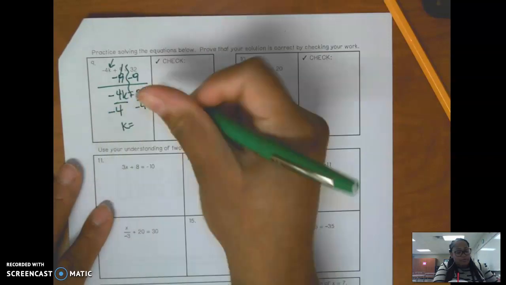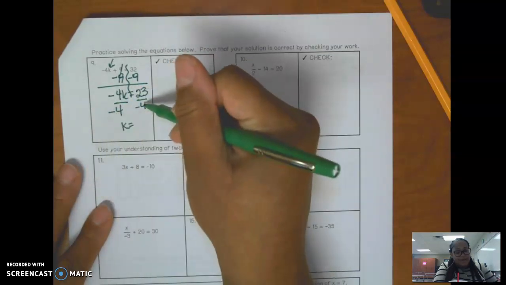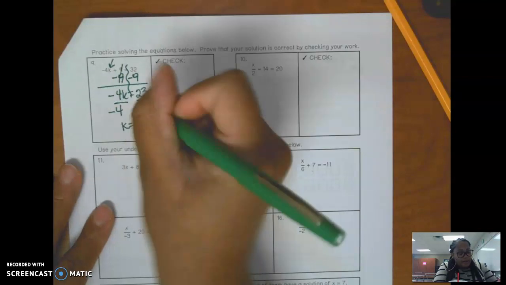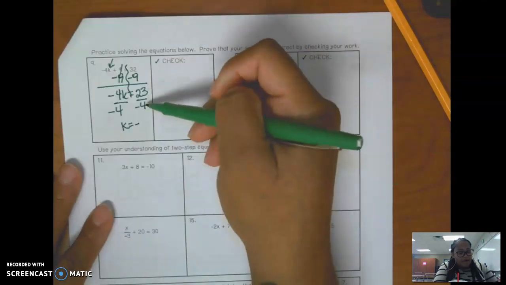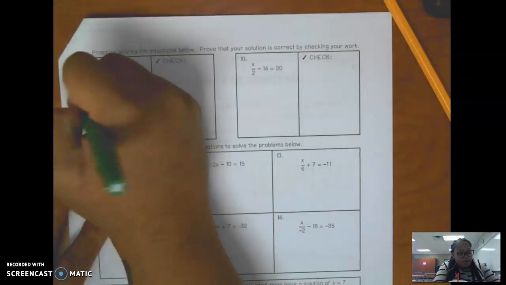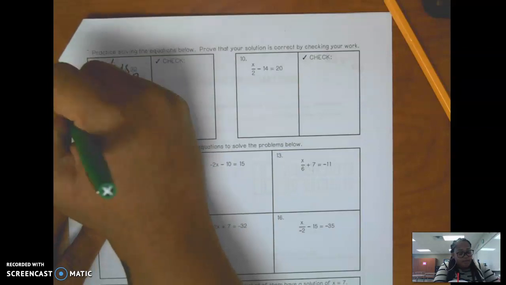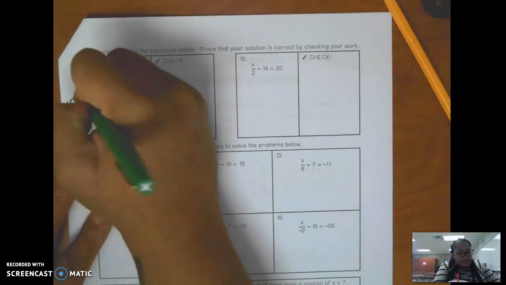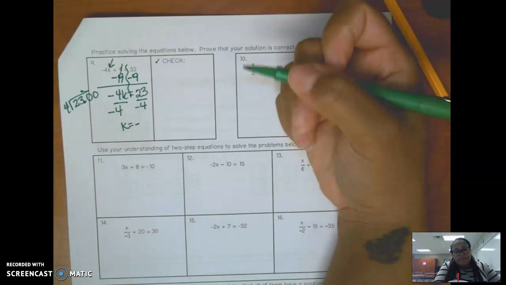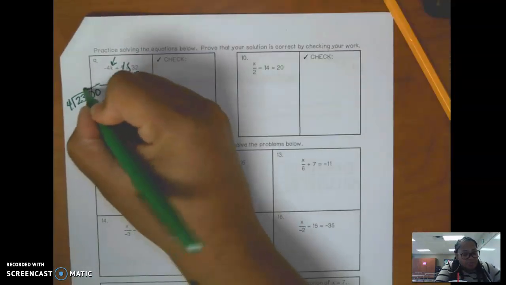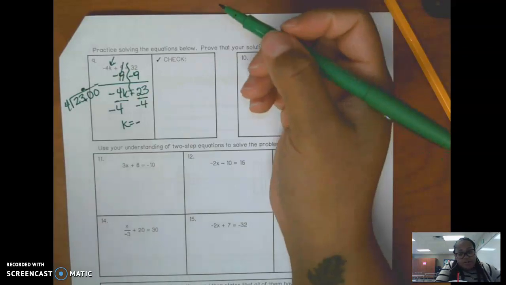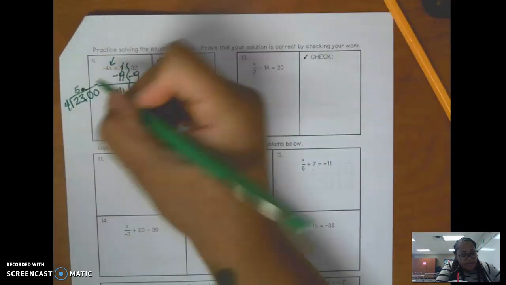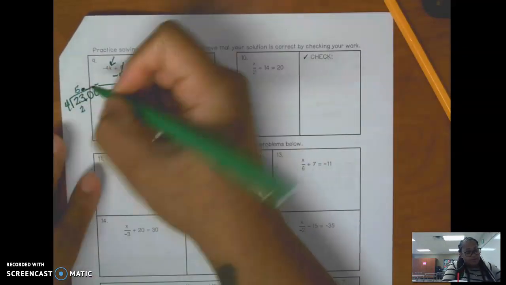K equals a positive divided by a negative is a negative. And then I'm going to T-bow, top in, bottom out. 23 divided by 4, point something. Give myself 2 zeros there to give myself some extra time dividing. So 4 goes into 23 5 times. 5 times 4 is 20.